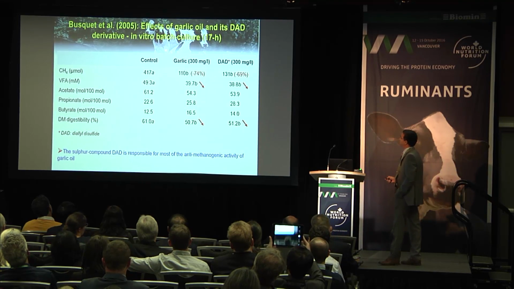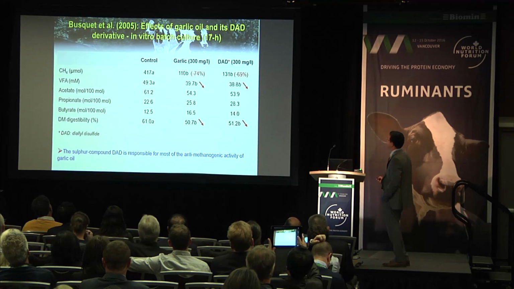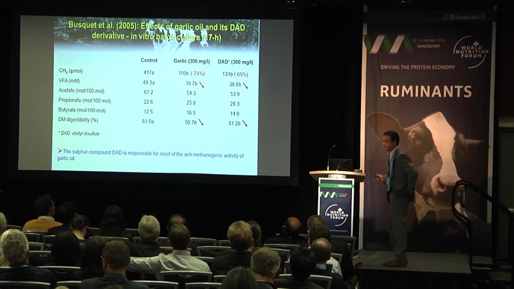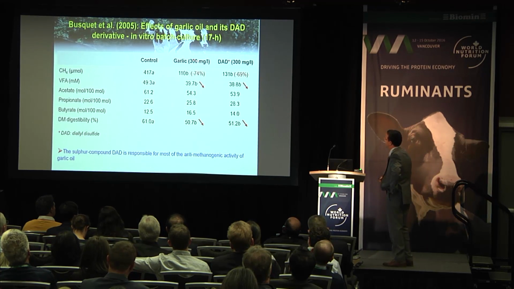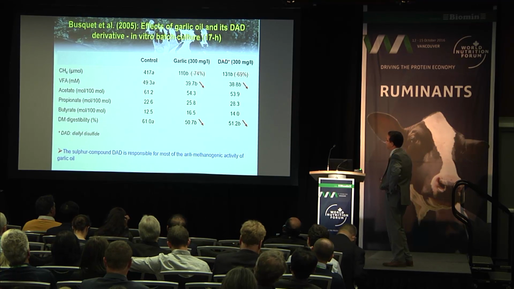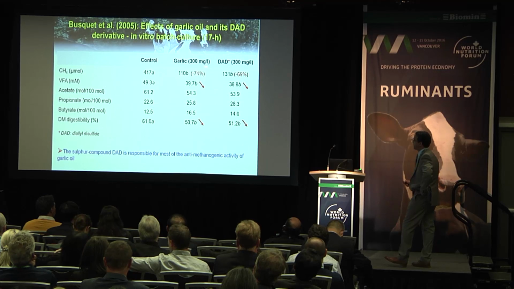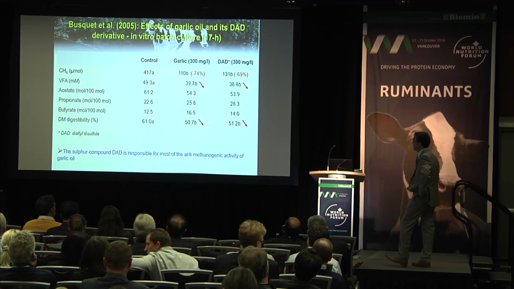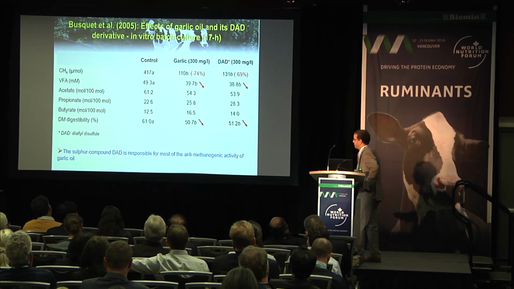This is a slide representing data from Busquet et al., again, where they investigated the effect of garlic oil and its derivative, diallyl disulfide, used at 300 milligram per liter in 17-hour batch culture. And as you can see here, both compounds dramatically reduced methane production in vitro, but this was associated again with a strong decrease in VFA concentration and a moderate decrease in dry matter digestibility.